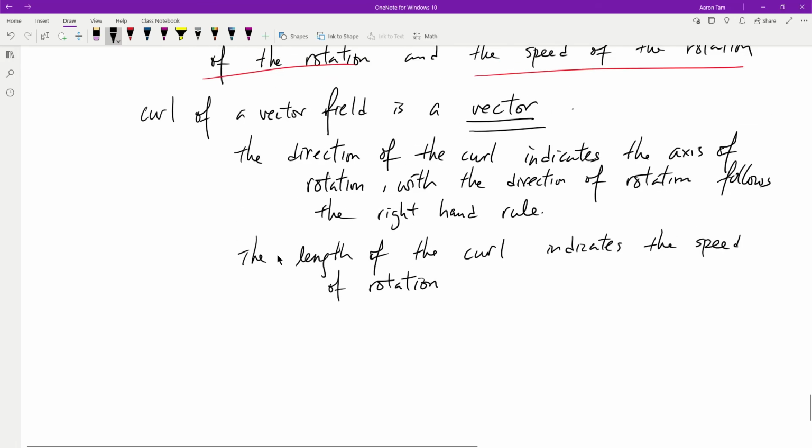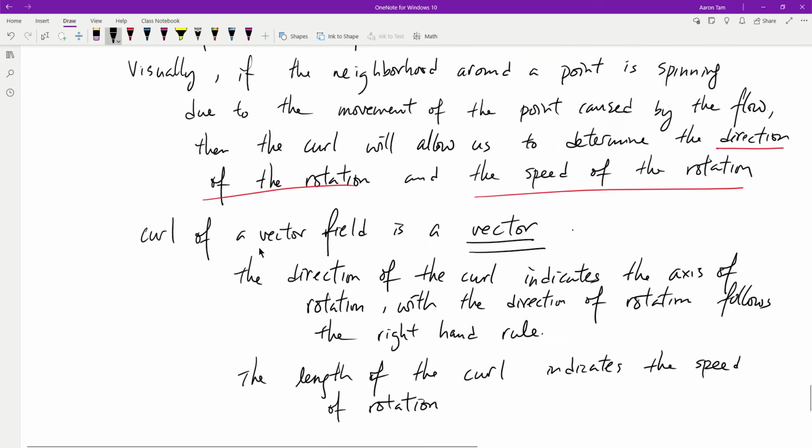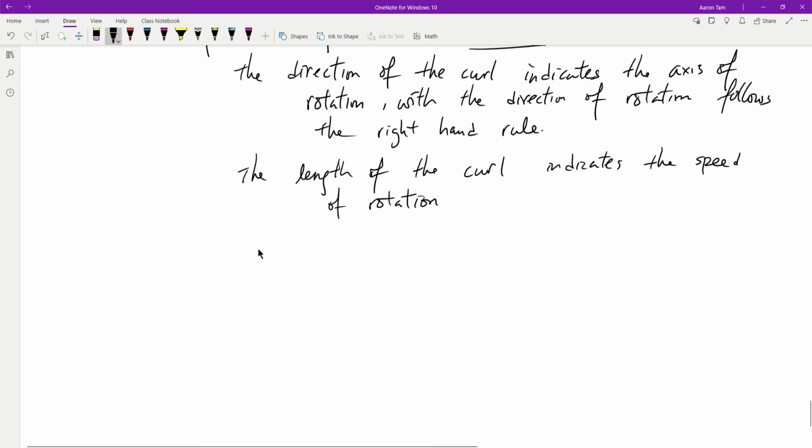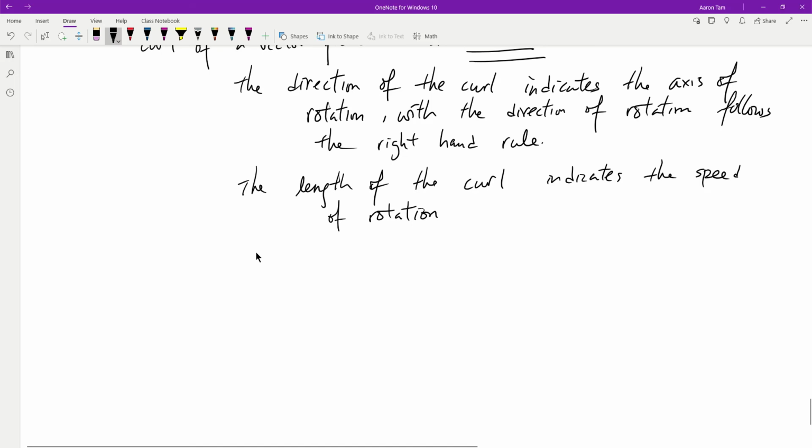So now comes the big question: how do we actually calculate the curl? Well, we're only defining the curl in R3 because of the way we calculate it. Does that mean that in higher dimensions there's no curl? Well, maybe there is, but that's not part of this course, so we're not going to talk about it.